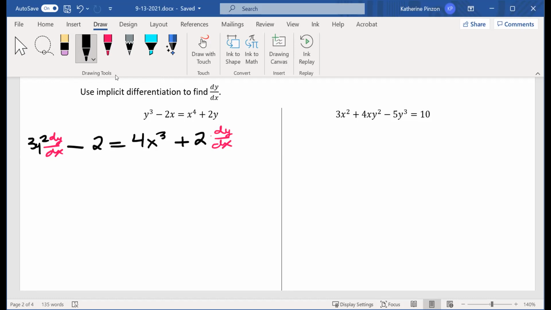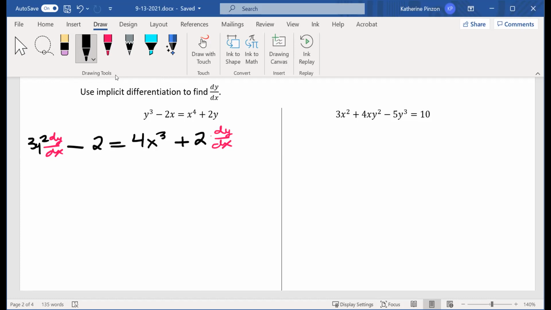What did step number 2 say? Yeah, gather all the dy dx's on the left side and everything else on the right side. So I want this 2 dy dx to come to the left, and I want this negative 2 to go to the right, okay? How do I move the 2 dy dx to the left? Subtract it. And how do I move the negative 2 to the right?